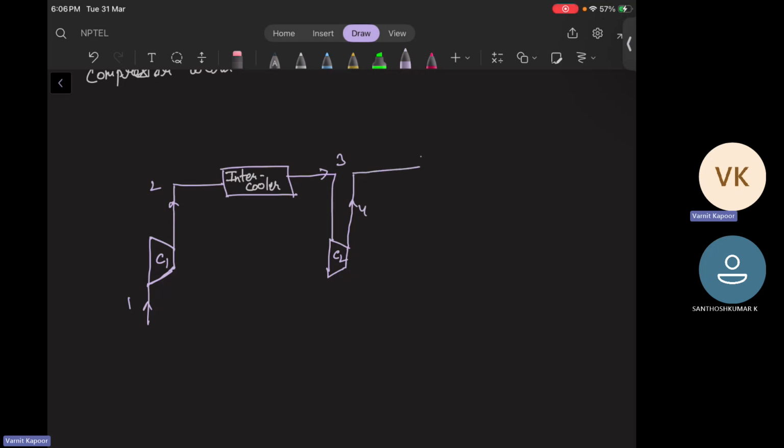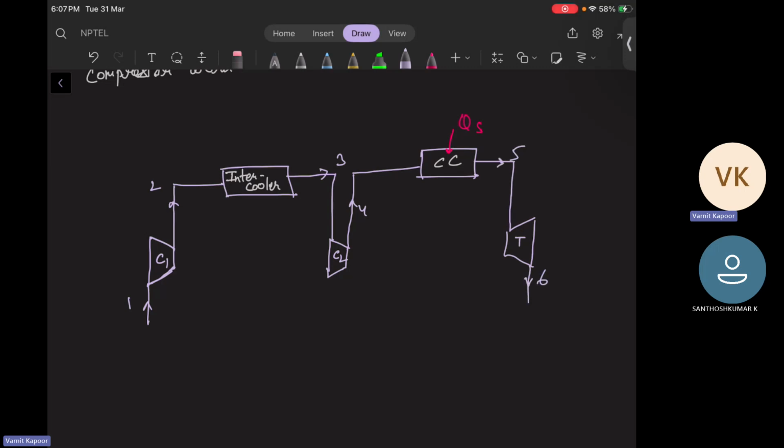Then it is passed through the combustion chamber, CC, where the heat is being supplied. Then the exit of this is passed through the turbine, and finally the 6th stage output.